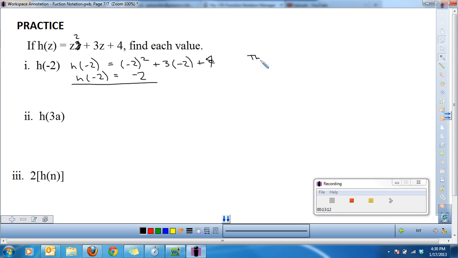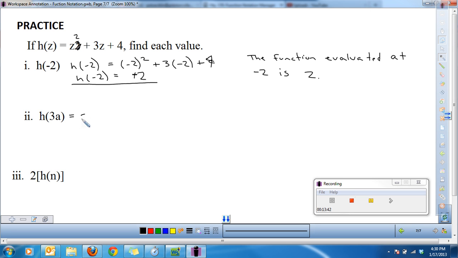In words, you should have written the function evaluated at, oh, I'm sorry, this is a positive 2. Looking back at my notes. The function evaluated at negative 2 is 2.